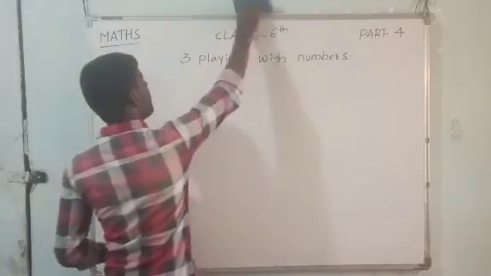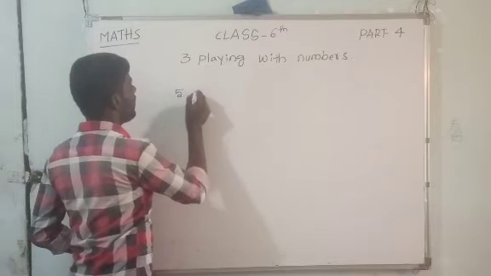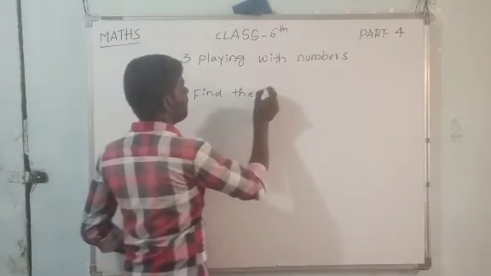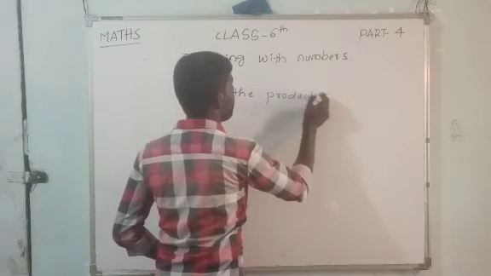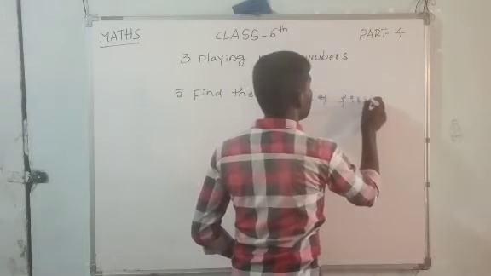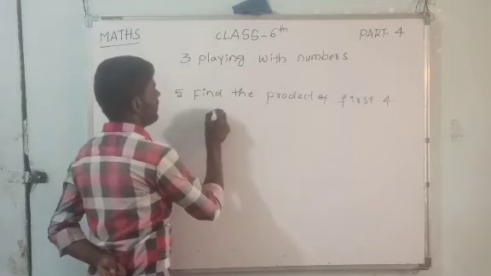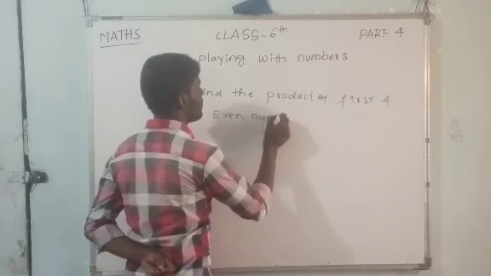Then the last question, number 5: find the product of first four even numbers.